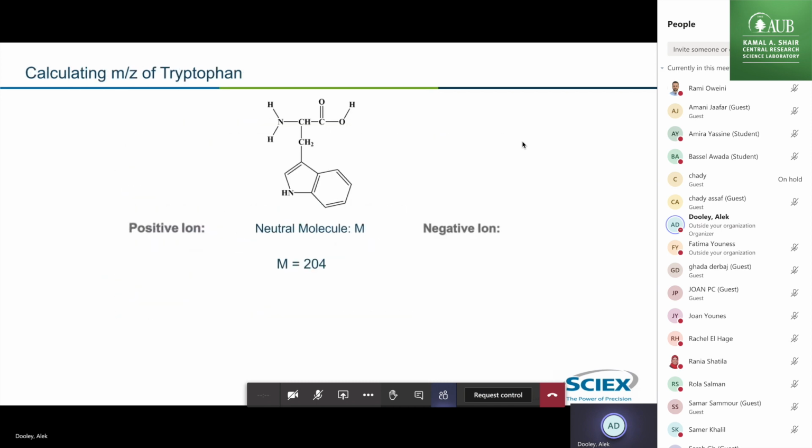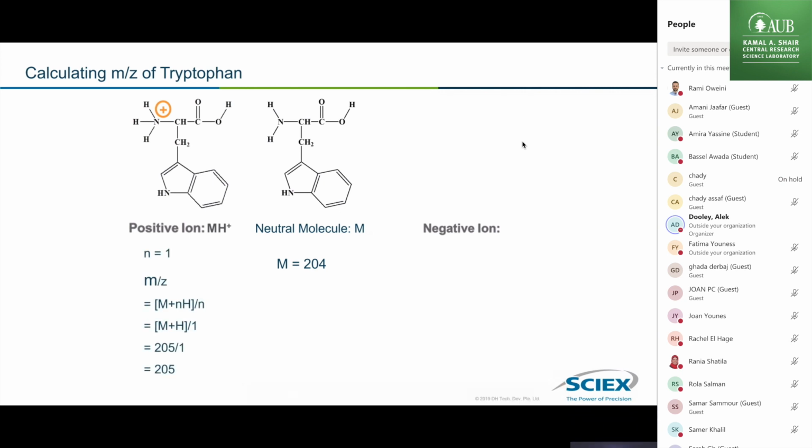So here, calculating the mass per charge of tryptophan. This is the same molecule we already looked at. All right, so it's 204. So we add a proton. So the charge is 1. So it's M plus number of charges times hydrogen divided by number of charges. So it becomes 204 plus 1 is 205 divided by 1.